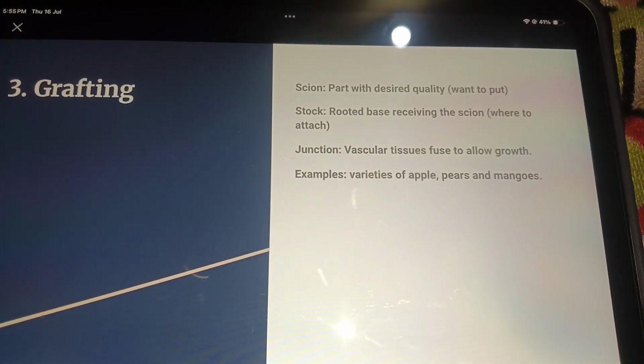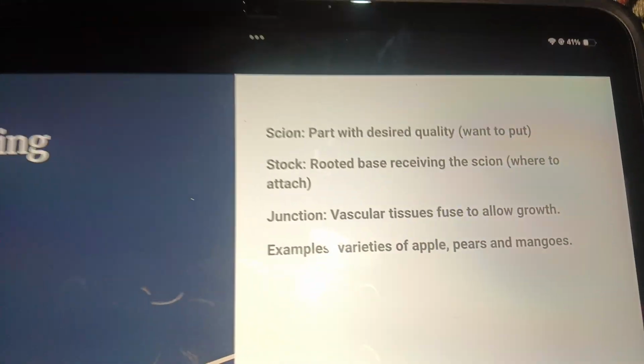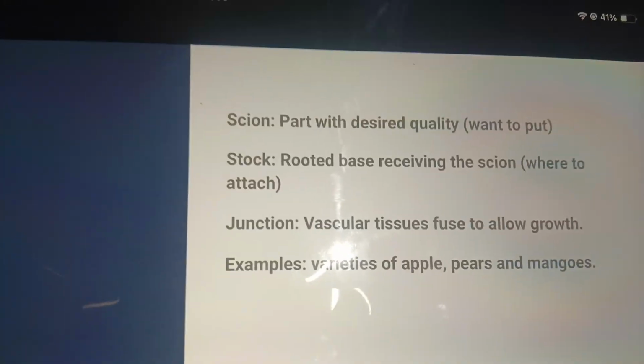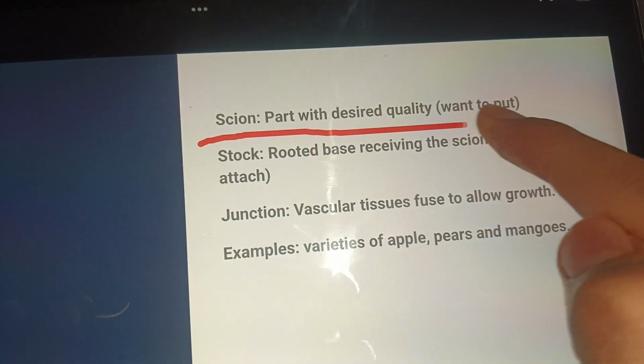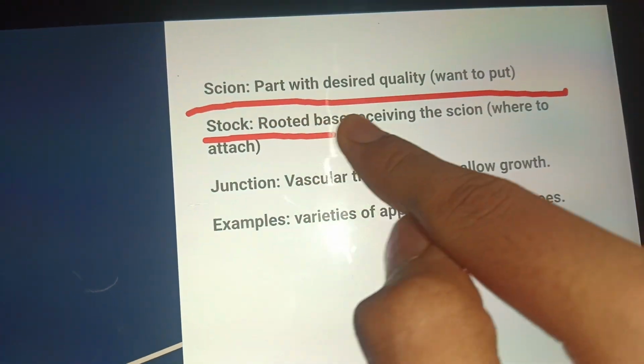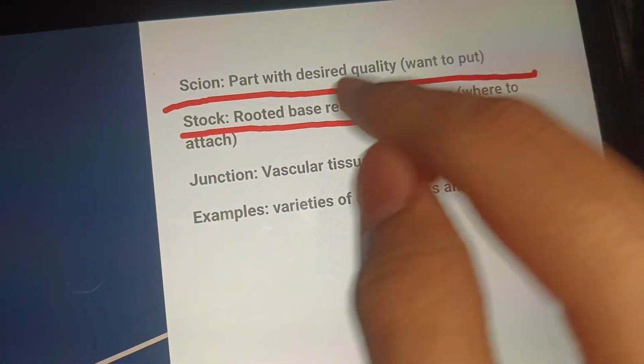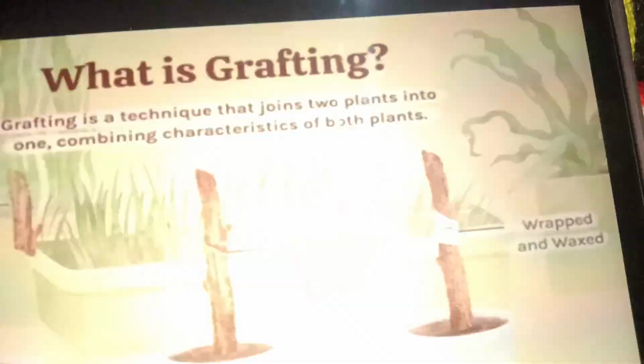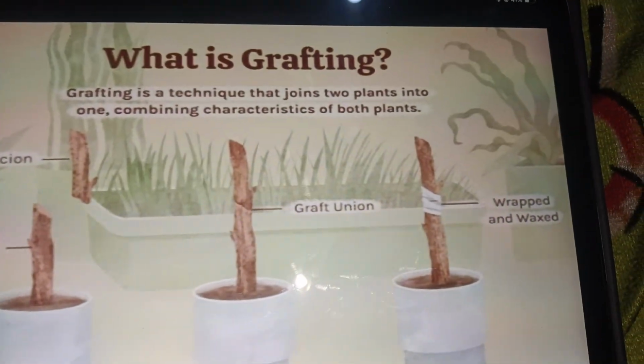In grafting, you have to remember two parts especially. The first is the scion, the part with desired quality. The stock is the rooted base receiving the scion. The junction is where vascular tissues allow growth. In the next picture, see, this is grafting.